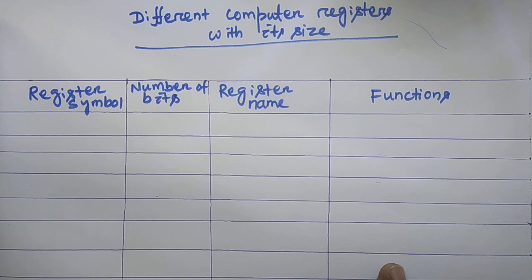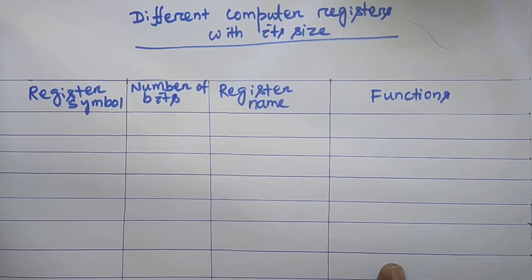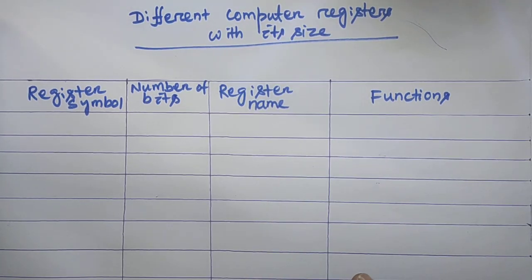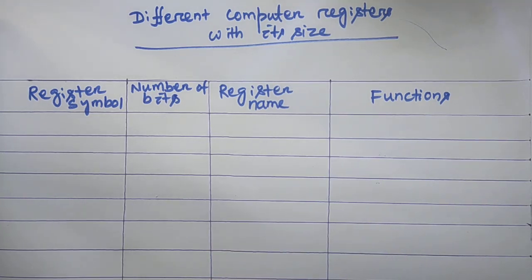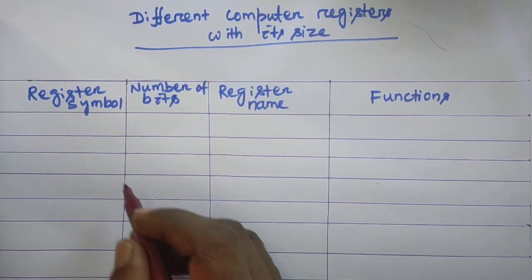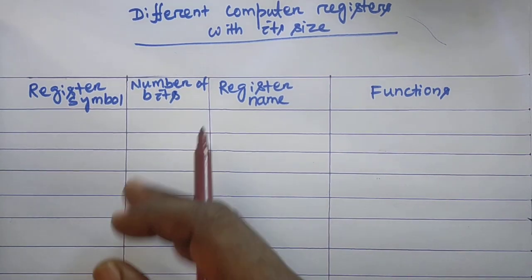The accumulator register is a general purpose processing register, and an instruction read from memory is placed in the instruction register. A temporary register also holds some temporary data during processing. This is the basic concept, but if we go through the different registers, then we have to define what kind of registers there are.